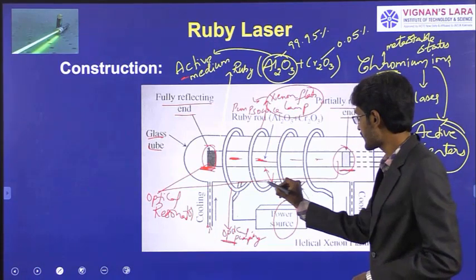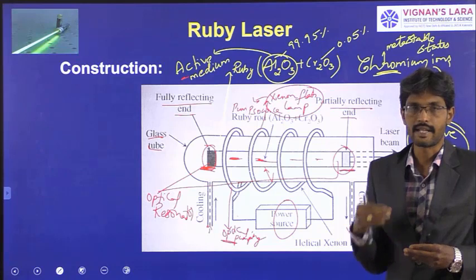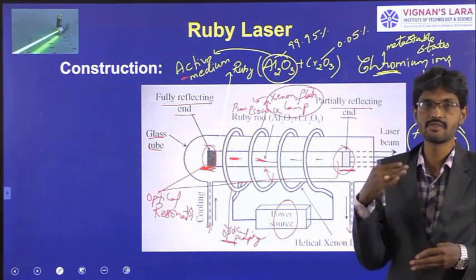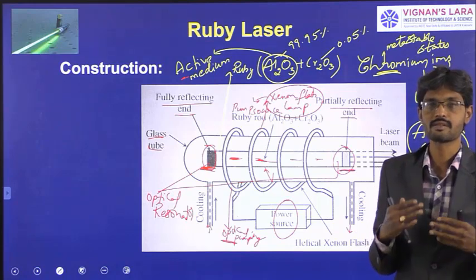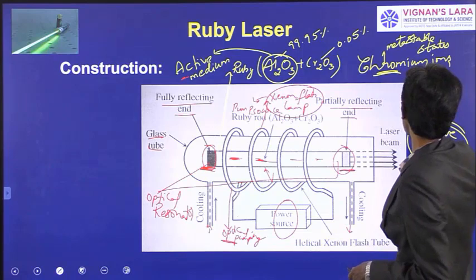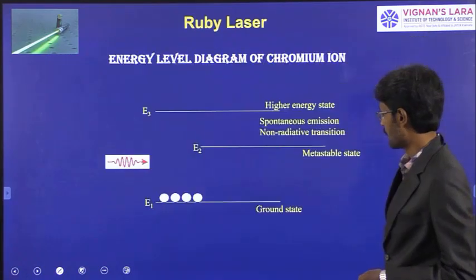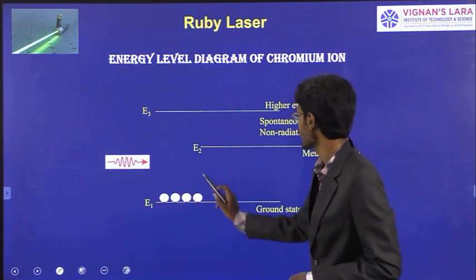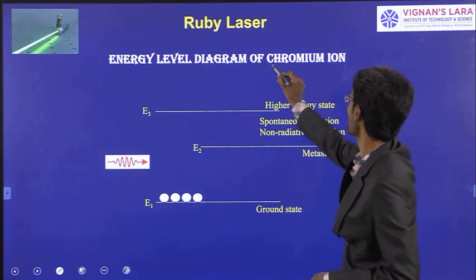The inner surface of the glass tube is coated in such a way that the light reflected from the glass tube is incident on the ruby rod, and the light is absorbed. When the light is absorbed by the chromium ions, initially the chromium ions are at the ground state. So this is the energy level diagram of chromium ions.